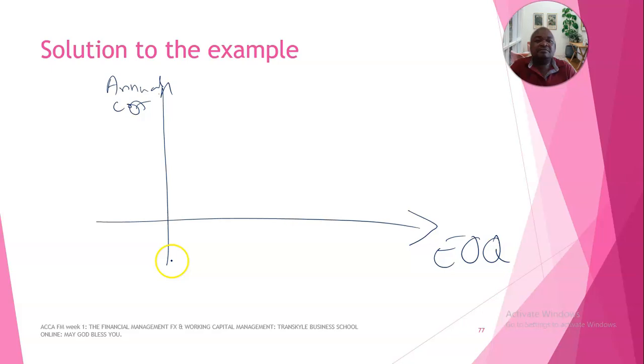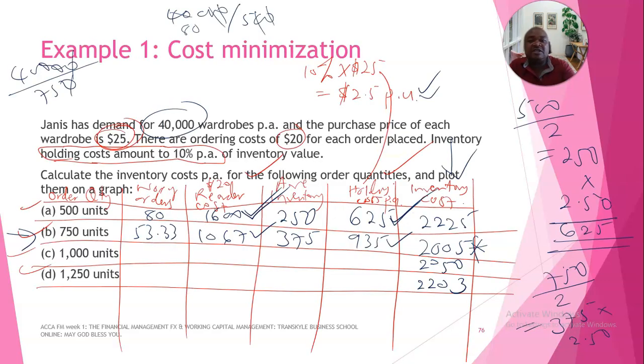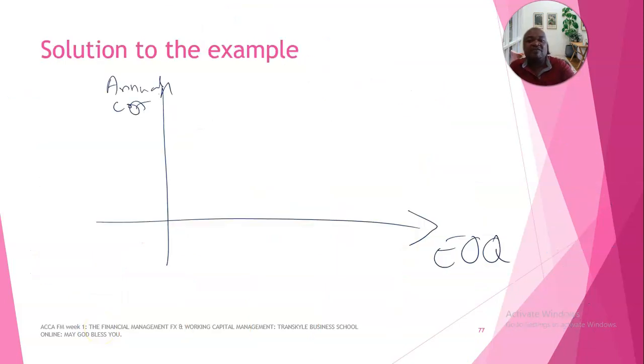Okay, my machine is sticking. All right, so we are having the information here on the order quantities from 500 to 1,250.